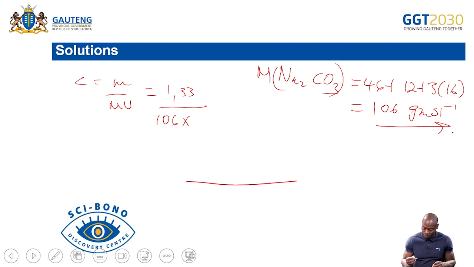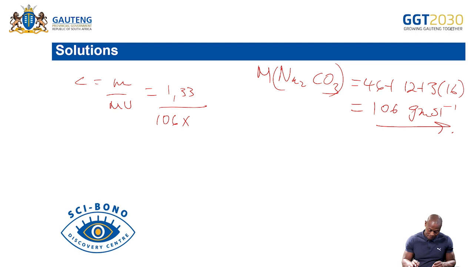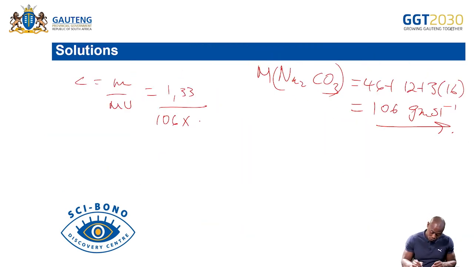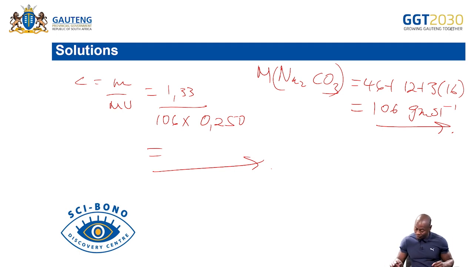check, the volume that was used is 250. The initial volume is 250 for sodium carbonate. So it's 250, which is going to be 0.250. Now I have the concentration: 106 times 0.25 is 26.5. 1.33 divided by 26.5, then now I'm having the concentration as 0.188679 mole per cubic decimeter.